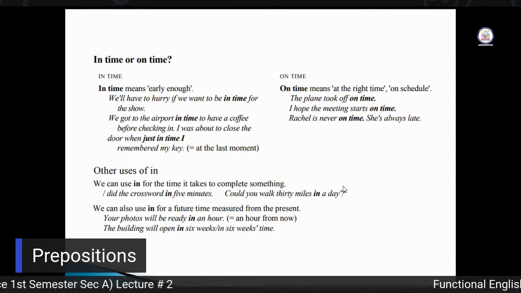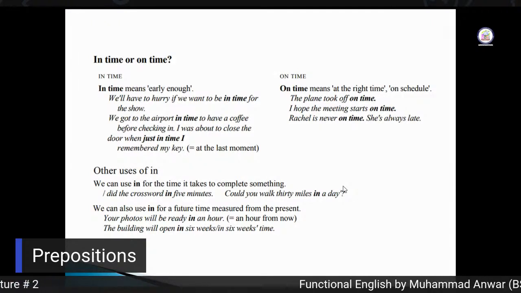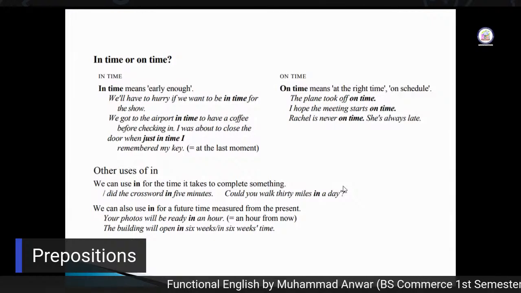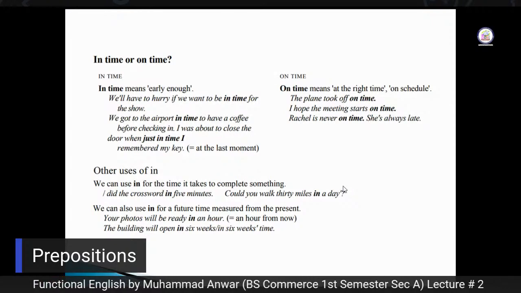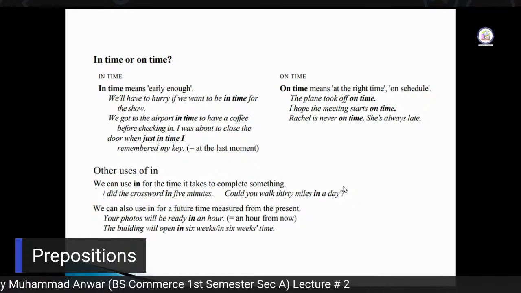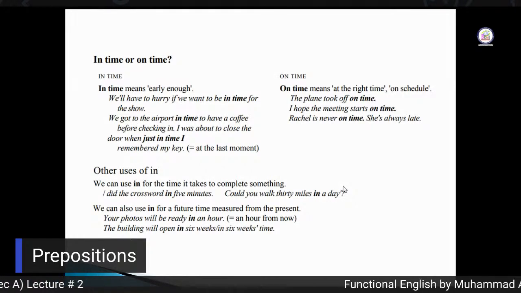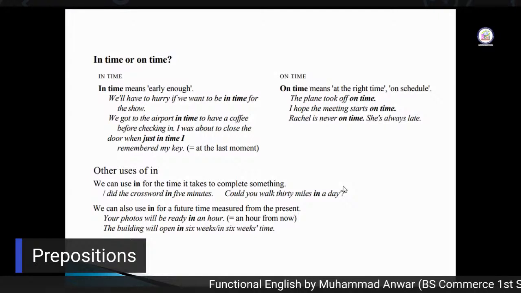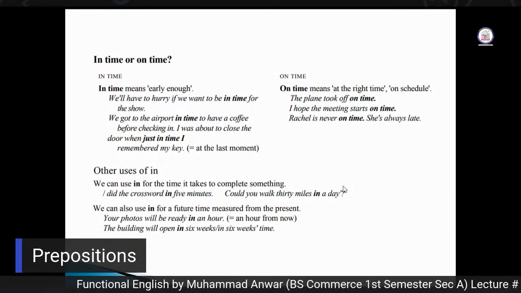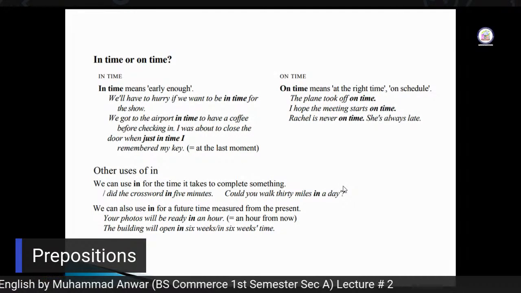Then there are some other uses of it, like we can use it for the time it takes to complete something. For example, I did the crossword in 5 minutes. Could you walk 30 miles in a day?